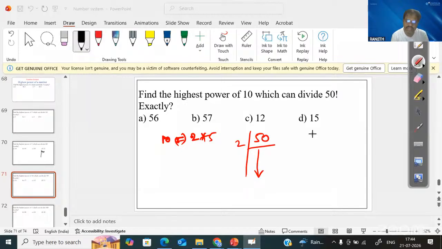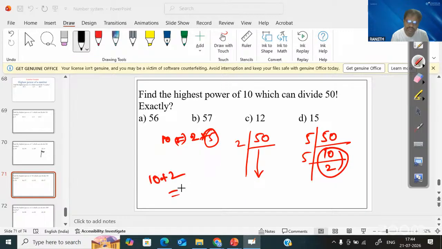We need to take the least power. We get the least power in 5 only. So when we divide 50 by 5, 5 tens are 50, and 10 is divided by 5 two times. We need to add these two. So the sum of 10 plus 2 equal to 12. So the highest power of 10 will be equal to 12, which can divide 50 factorial.